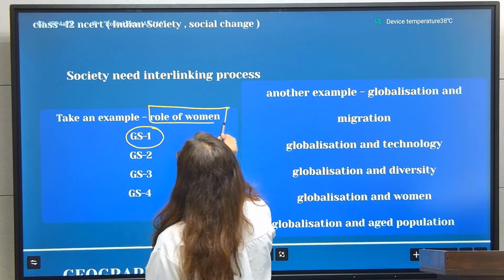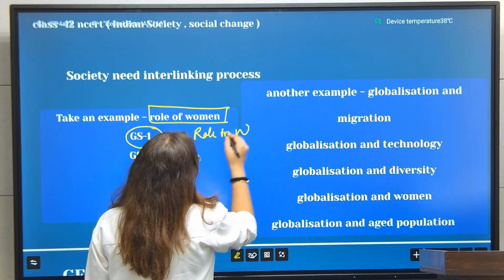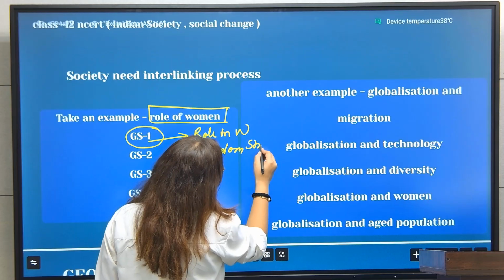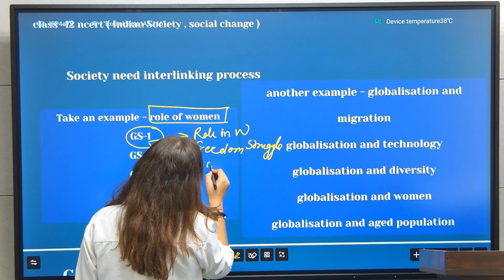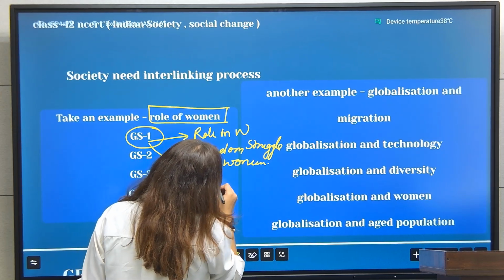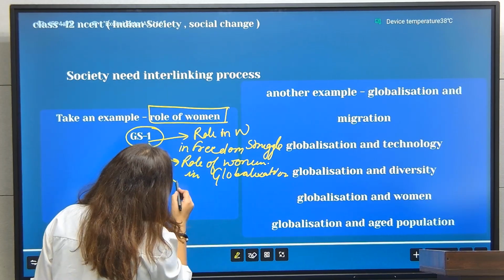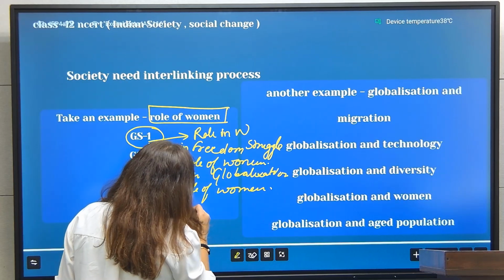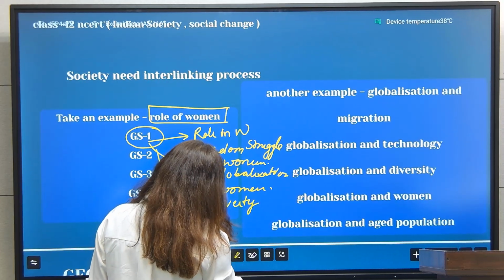Suppose role of women came in GS1: role of women in freedom struggle, role of women in globalization, role of women in poverty elimination.